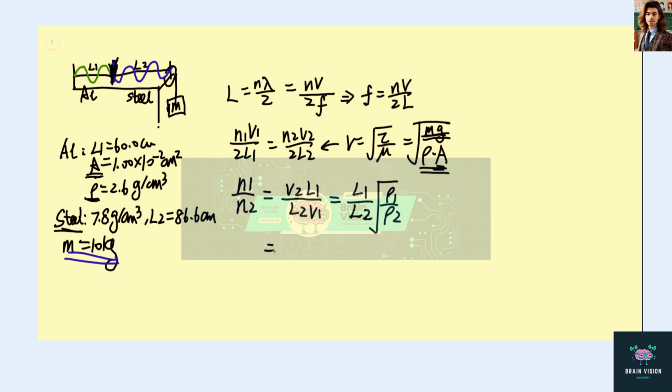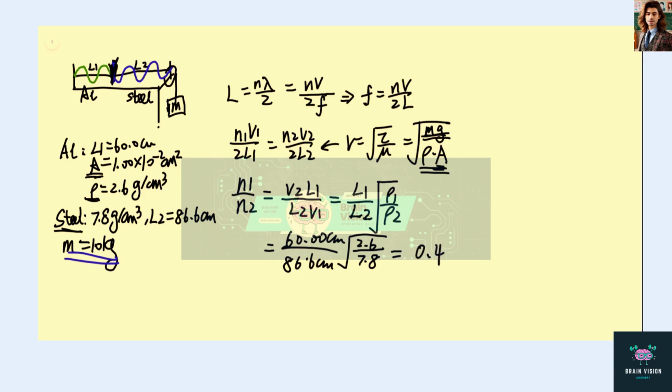Then we can plug in the numbers: 60 centimeters, 86.6 centimeters, rho 1 is 2.6, rho 2 is 7.8. What is n1 over n2? It is 0.4.